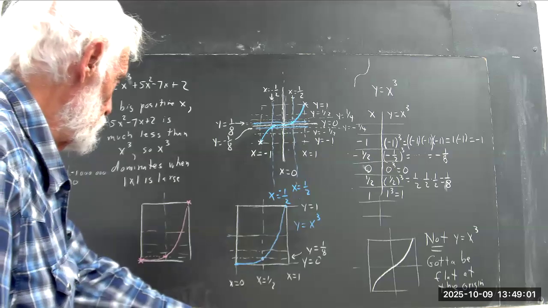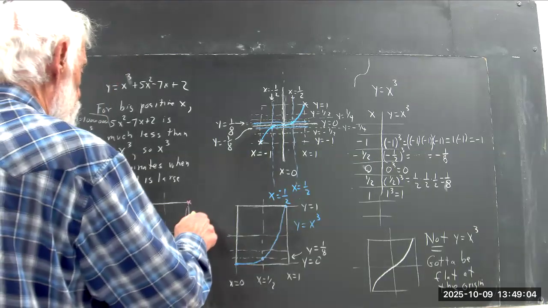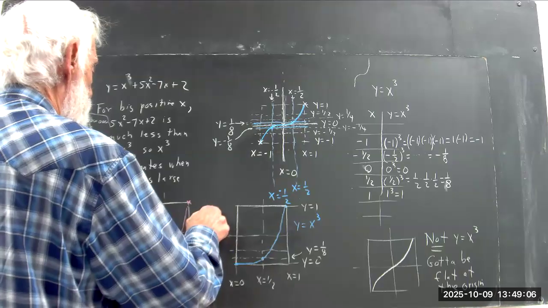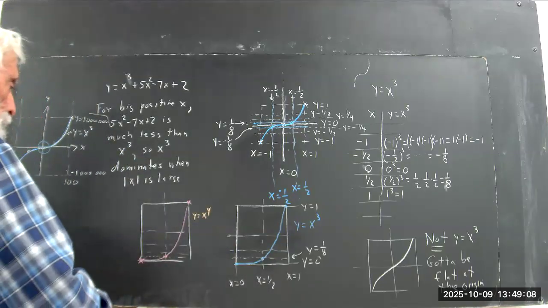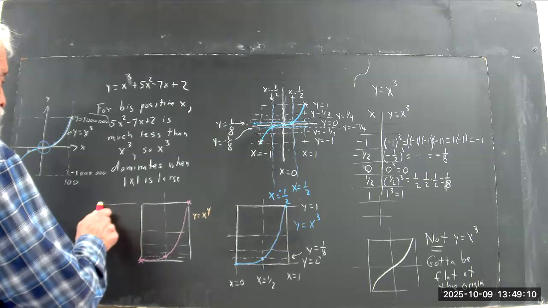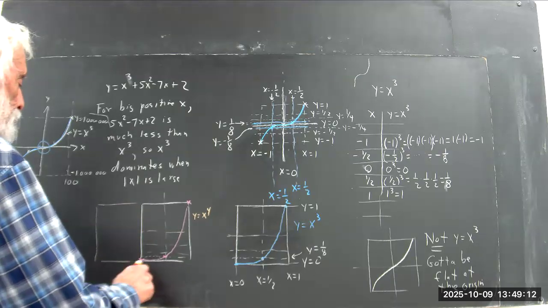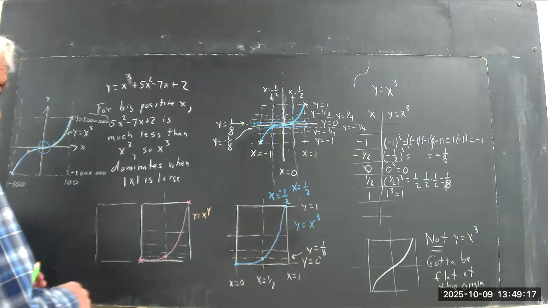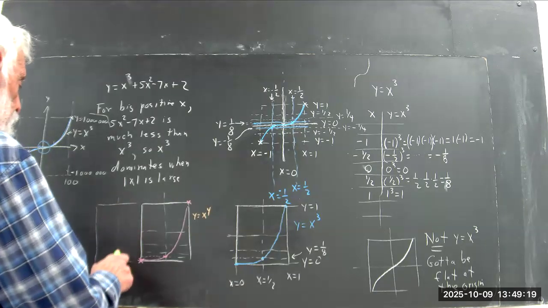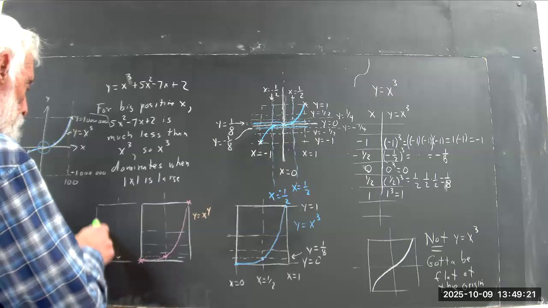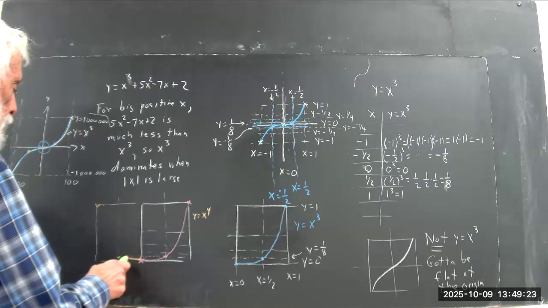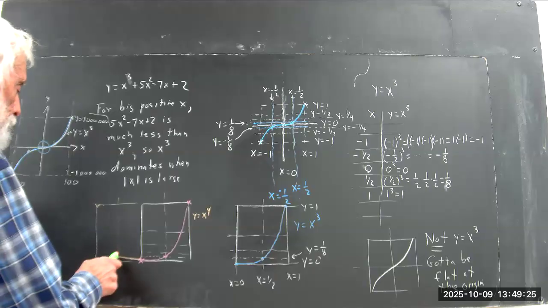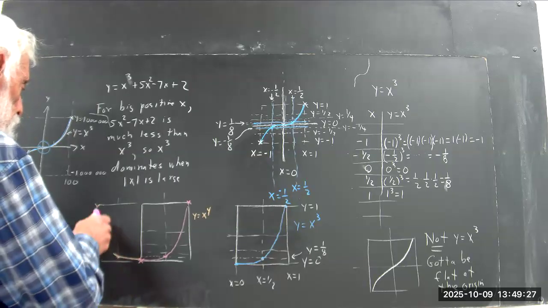Let me just put a little bit more here about the y equals x to the 4th. If we were to extend this into negative values, since the 4th power of a negative number is positive, it's gonna act just like, I wasn't using that color, was I?